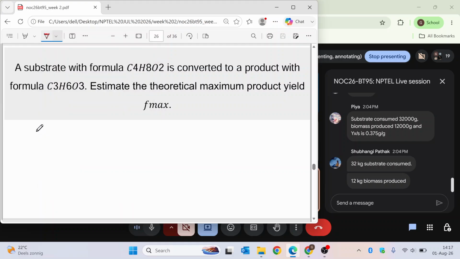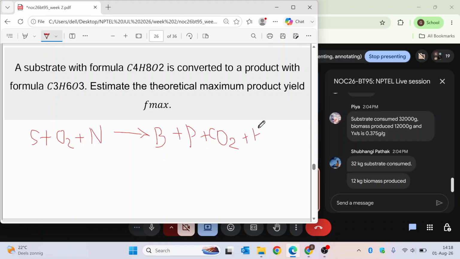The equation that I am talking about is: your substrate plus oxygen plus your nitrogen source is going to give you your biomass, product, carbon dioxide and water.